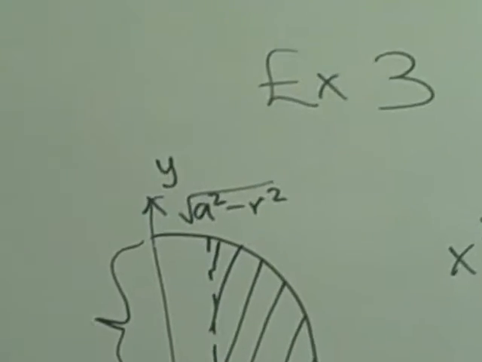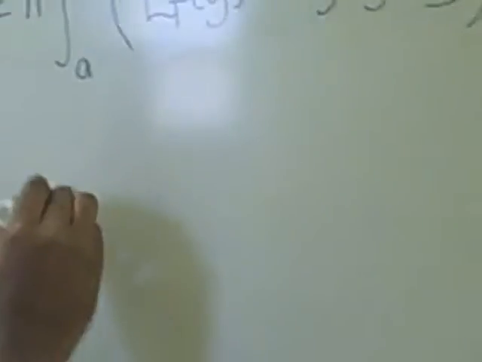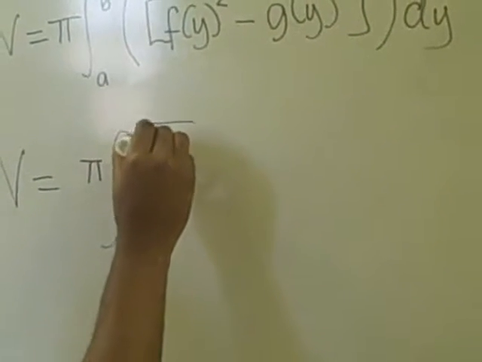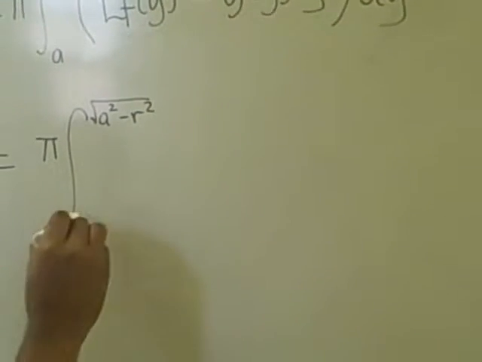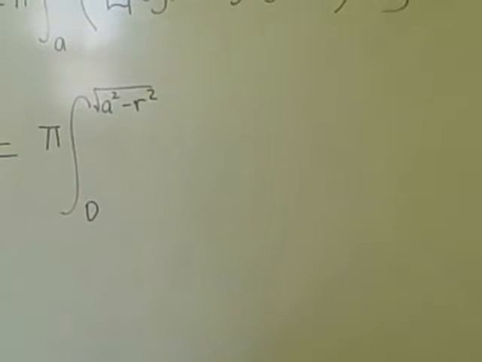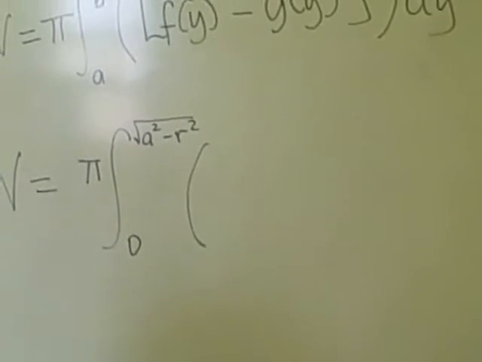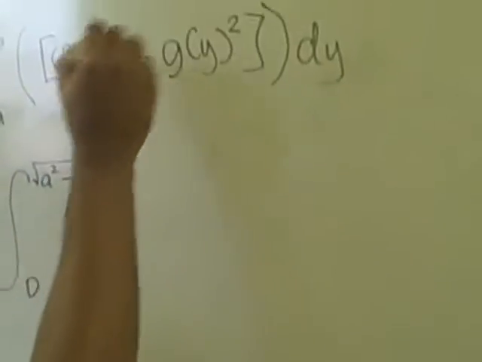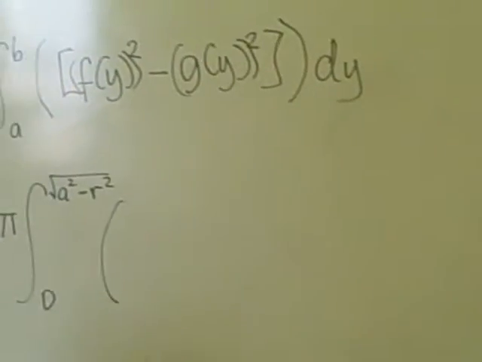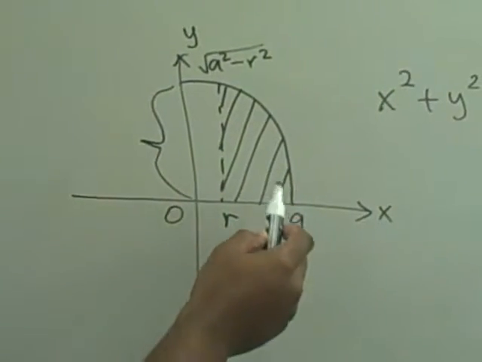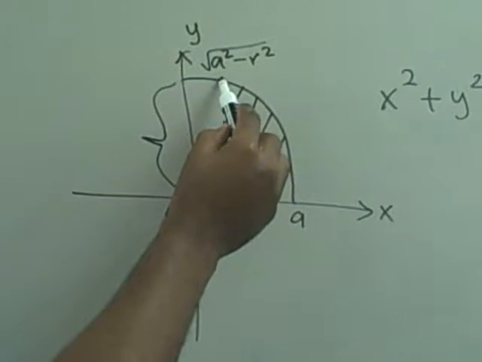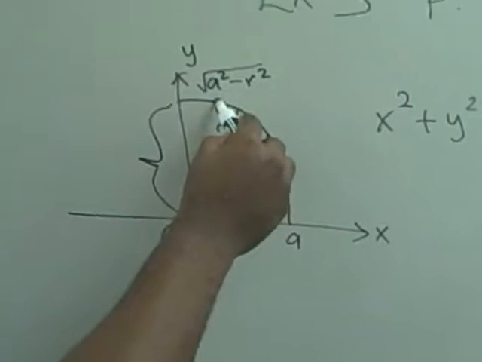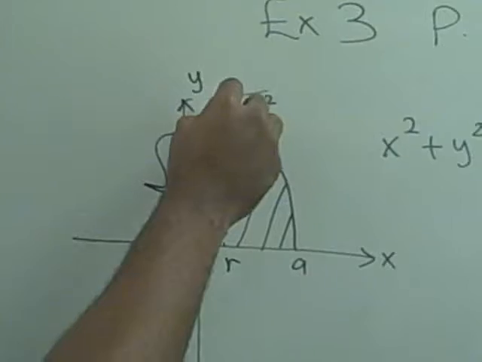So our formula is going to be rewritten as pi times the integral from 0 to the square root of a squared minus r squared, of the first graph squared. The first graph is this circle up to this point right here, which is where we found this limit.